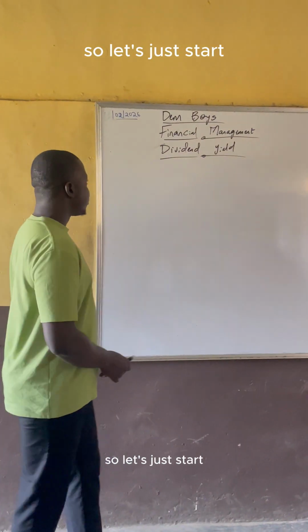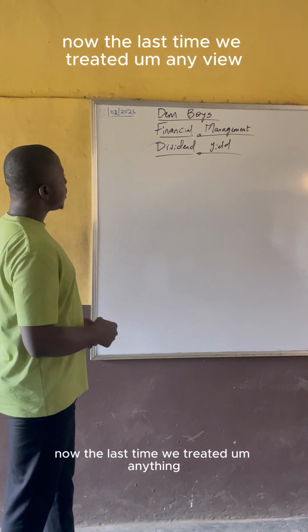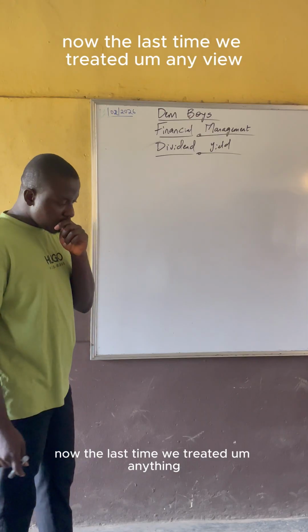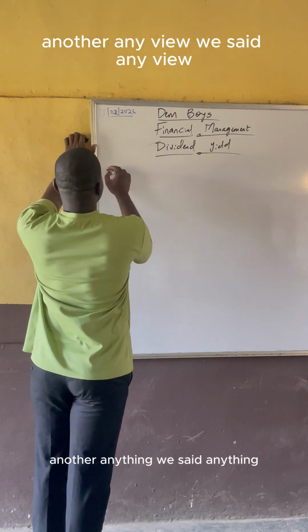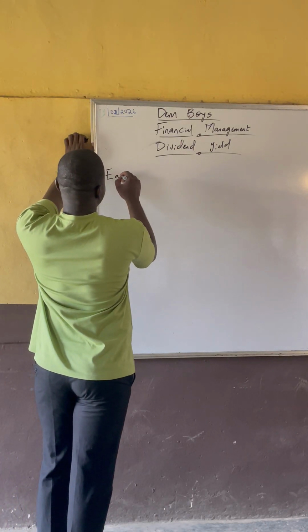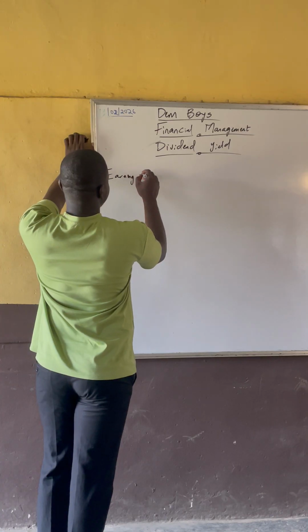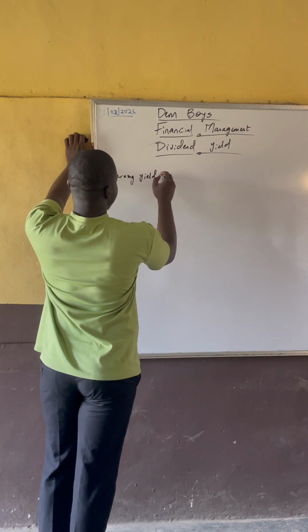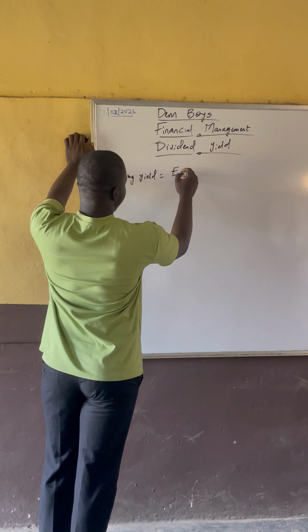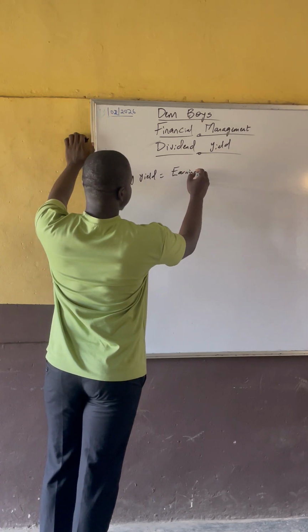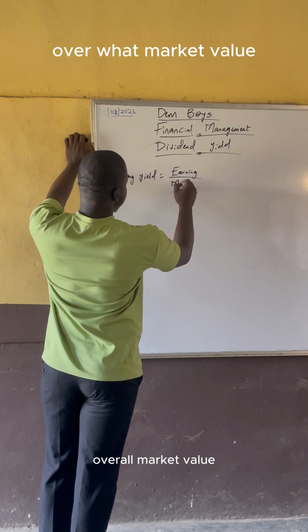So let's just start. Now, the last time we treated earnings yield, we said earnings yield equals earnings over what? Market value.